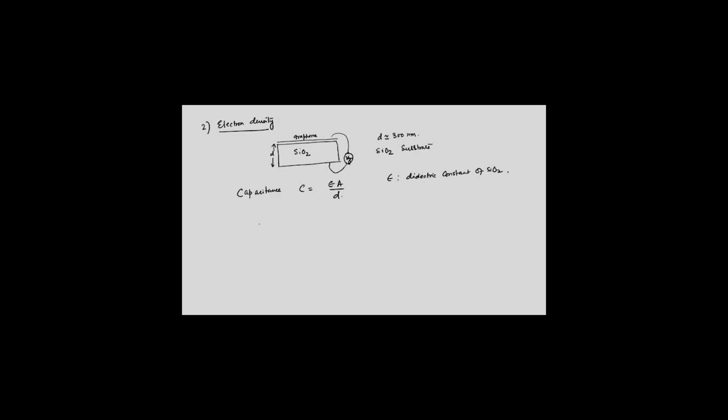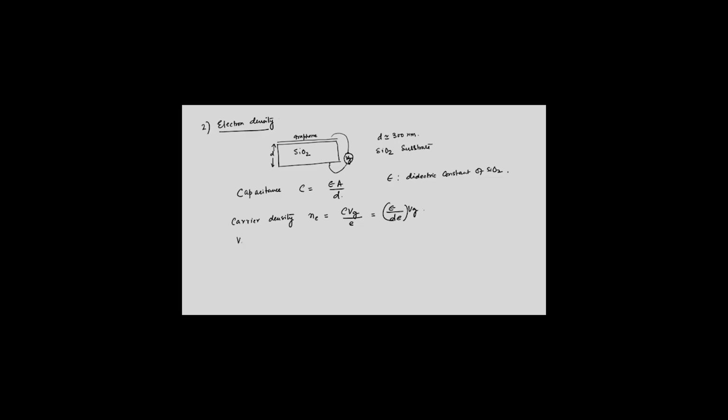So if you want to calculate the carrier density, Ne, this is equal to CVg by e, where Vg is the gate voltage. So this is equal to epsilon by dE times Vg.